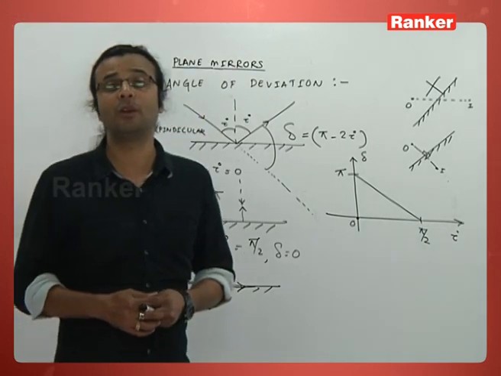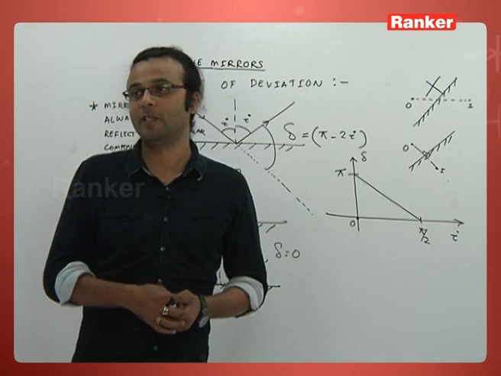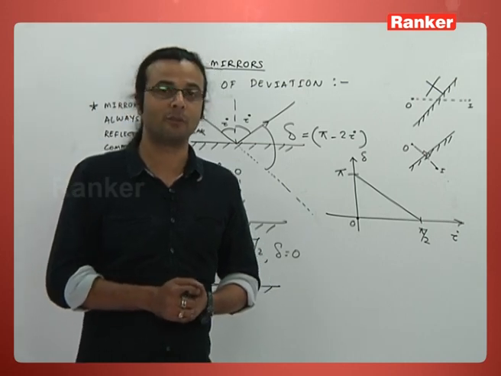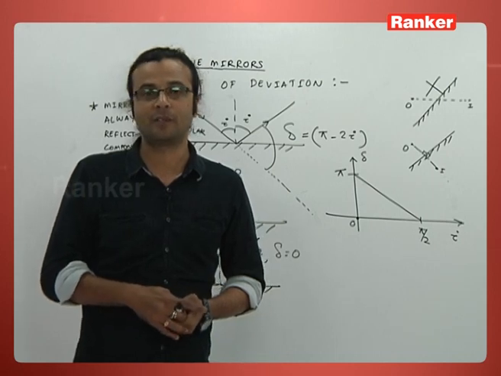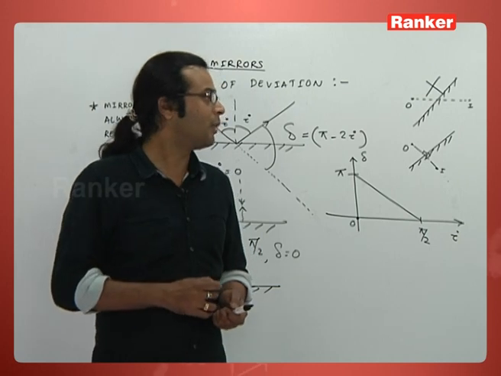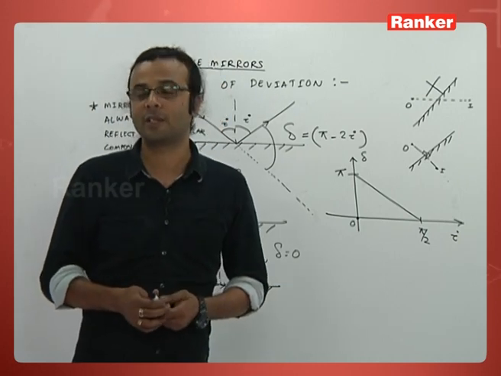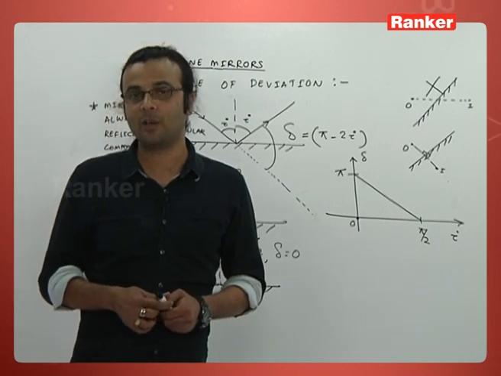Next we moved into the velocities of images, where the mirror is also moving and the object is also moving. We got the velocity of image is twice the velocity of mirror minus velocity of object. Next we discussed the rotation of either the incident ray or the mirror.